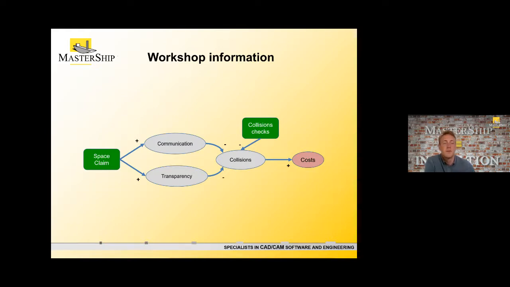So the Workshop Assistant is not only helpful for the workshop, but also very helpful for the drawing office. It is also a means to improve the communication between the draftsman and the project manager. So it enhances the communication, will help avoid some collisions, and also has an improved effect on the costs.